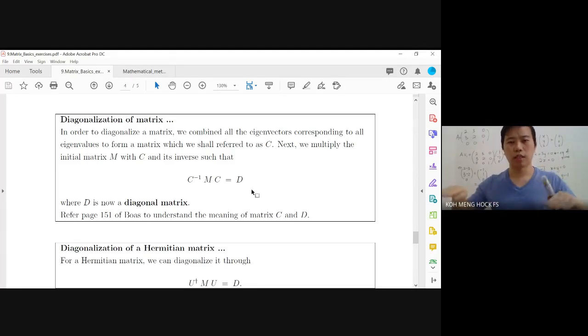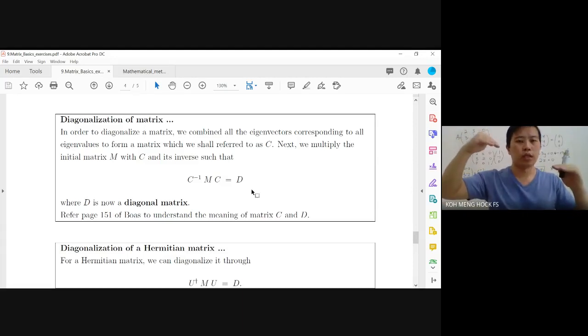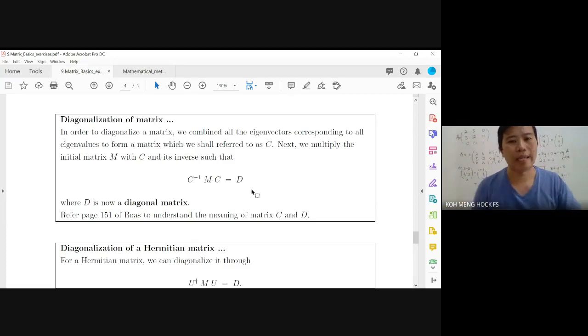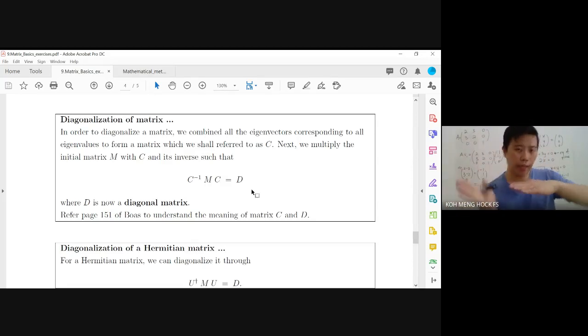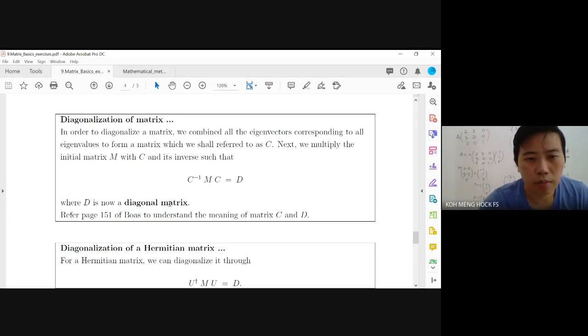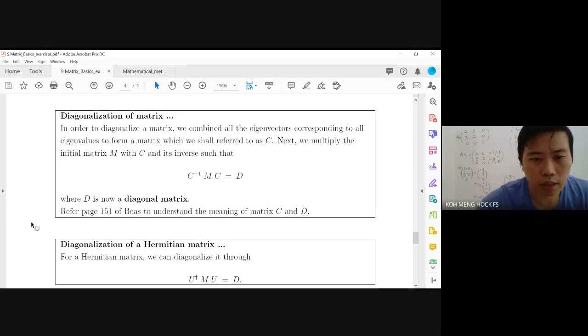You start with the axis, and then you rotate it. You rotate the matrix to the direction of your eigenvalue. So like just now, you have eigenvalues minus 1, 1, 5. Once you rotate the matrix, you go to the direction of these eigenvectors. Okay, so maybe you should read page 151 to make it easier.